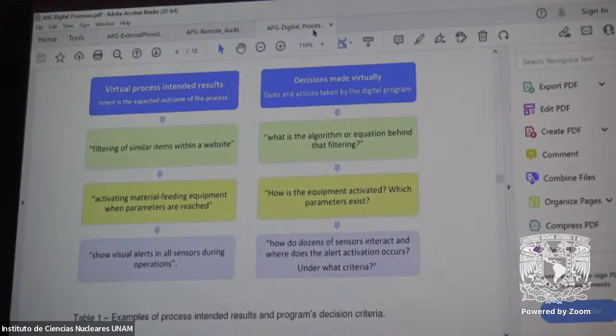On the left, activating material feeding equipment when parameters are reached. And on the right, how is the equipment activated and what parameters are used? On the left, show visual alerts in all sensors during operation. And on the right, how do the sensors interact, where does the alert activation occur and under what material? So this is comparing what should be happening to what is controlling.